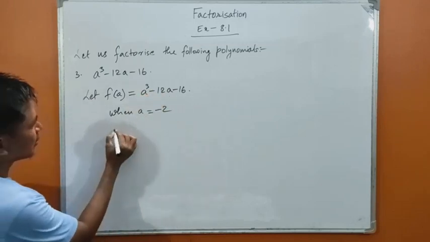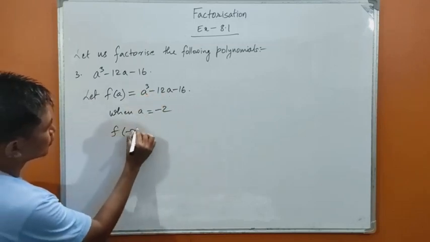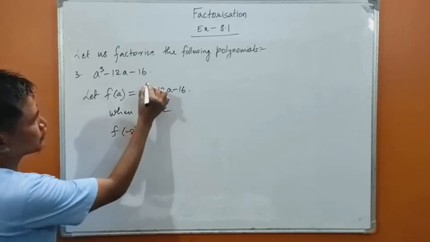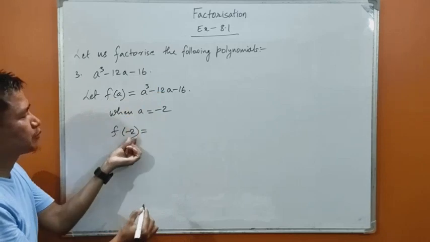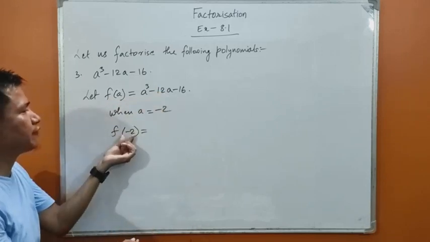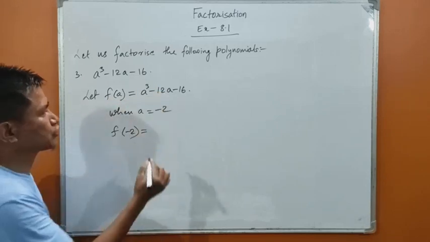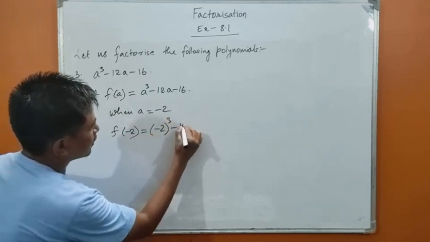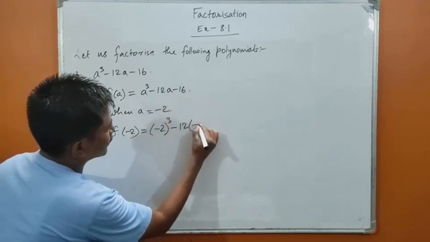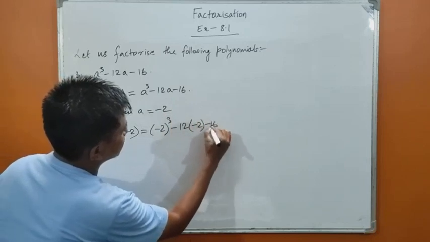Now f(minus 2) equals a cube, which means instead of a we put minus 2, because f(a) is this. Minus 2 whole cube minus 12, instead of a, I write minus 2, minus 16.